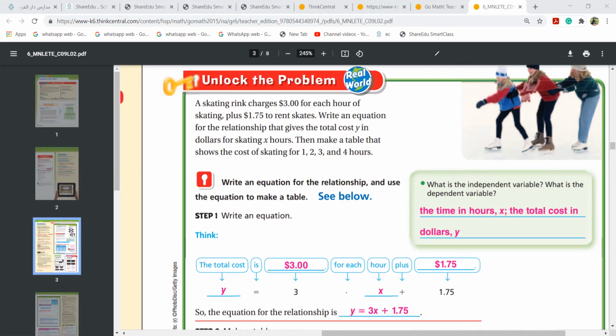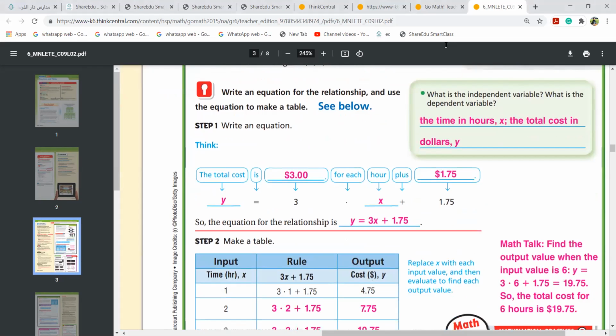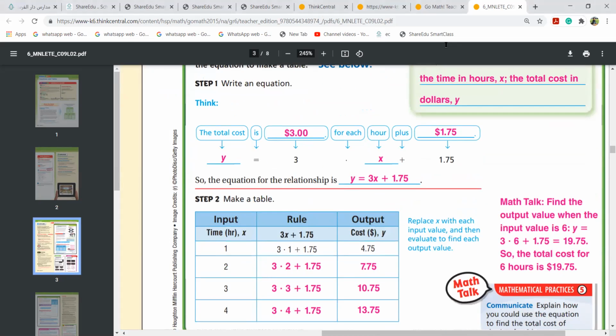So similarly here, you have to write down the time in hours and the total cost in dollars. The total cost, that is y, equals 3 times x plus 1.75. This is how I showed you.